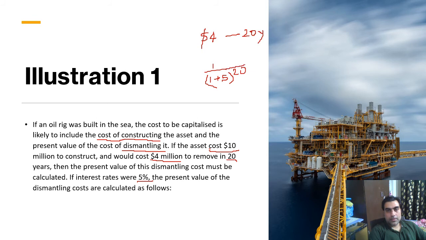I already discussed how you can use your calculator to calculate this figure, and once you get this figure, you multiply it with 4 million and you will get the value that you have to add to the cost of the property, or here the cost of the plant.